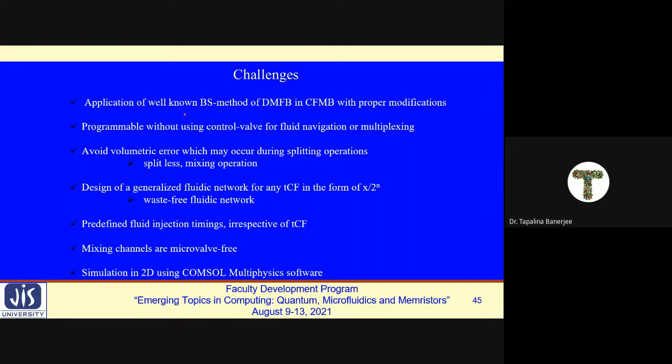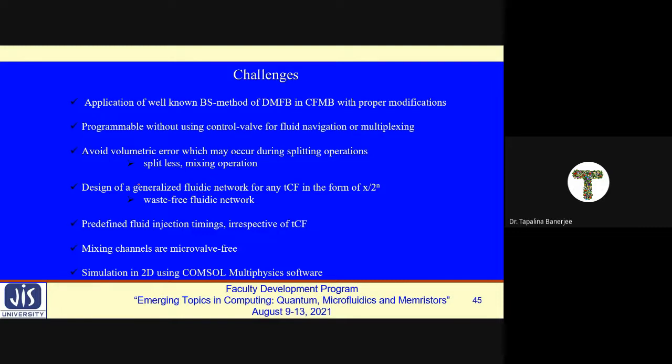We want to make it programmable without using control valve. Next, we want to avoid this splitting part. Our target is to avoid this volumetric error. Fine. So splitless mixing is going to take part in our network.